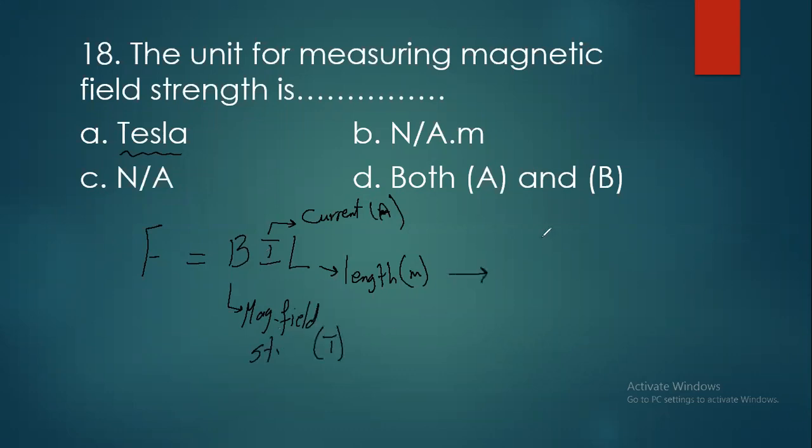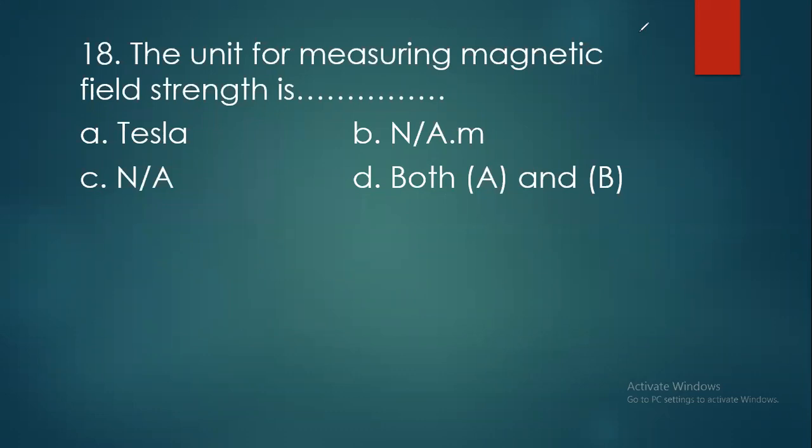Rearranging this formula gives us that B is equal to F over IL, which is Newton over ampere meter, right? So both A and B are correct answers. So this tells you not to rush things while choosing your answer. You have to choose your answer carefully. So the answer here is D, both A and B.